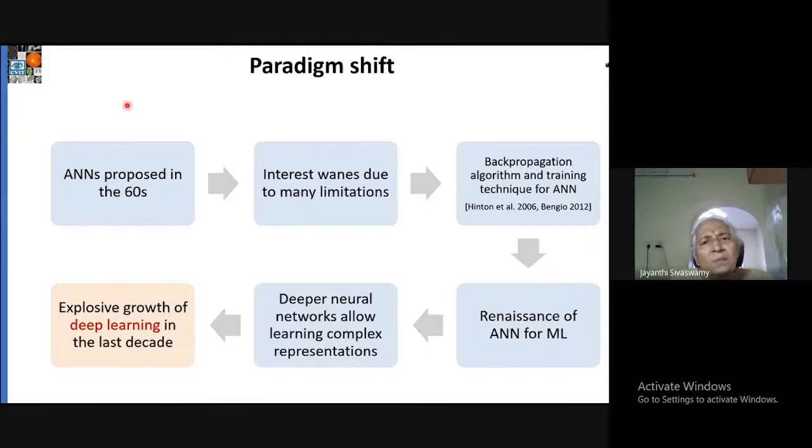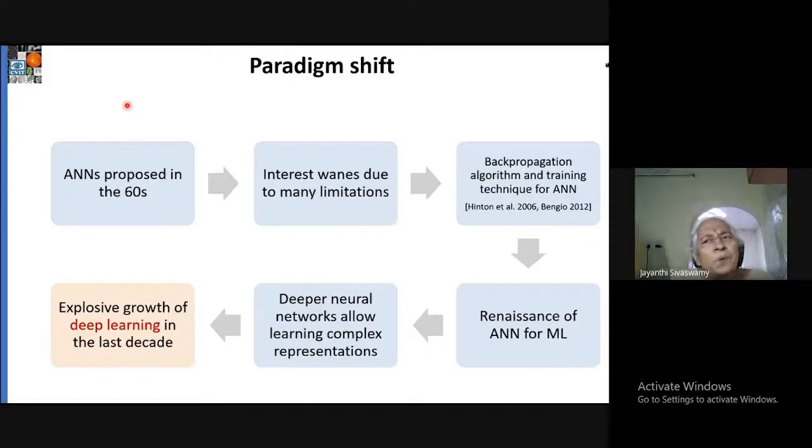But it hit a wall, so interest waned. There were a lot of limitations. The networks could not be built with a lot of depth, and training them was very difficult, and the performance hence was also bad. So the pattern recognition that they could do was not very impressive at all. So they moved to other kinds of machine learning.